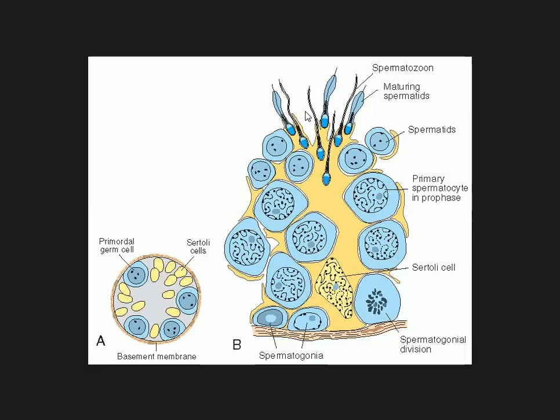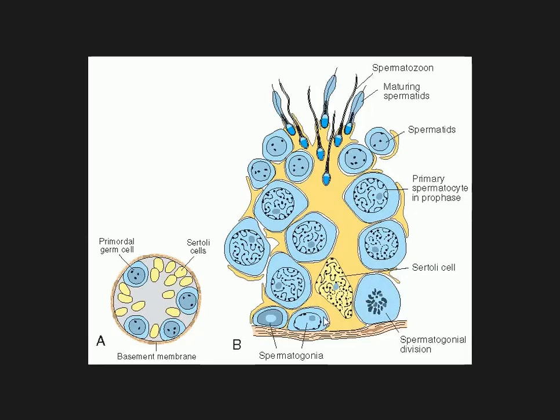And if you look at one seminiferous tubule under the microscope, like these pictures, we find that there are many cells of different size and shape. Most of these represent stages in the formation of spermatozoa, but some, called Sertoli cells, this one, have only supporting functions.